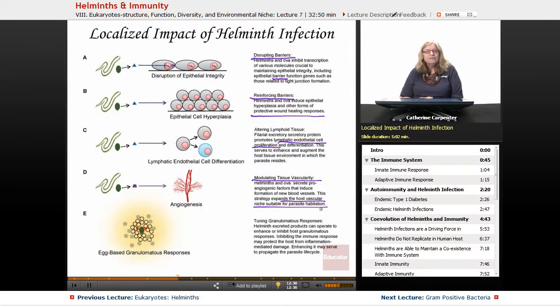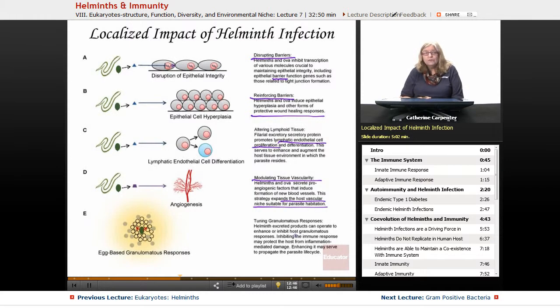And the eggs of the parasite can also induce these granulomas, which are kind of like collected areas of infection, and they can actually enhance the host's capacity to form granulomas.